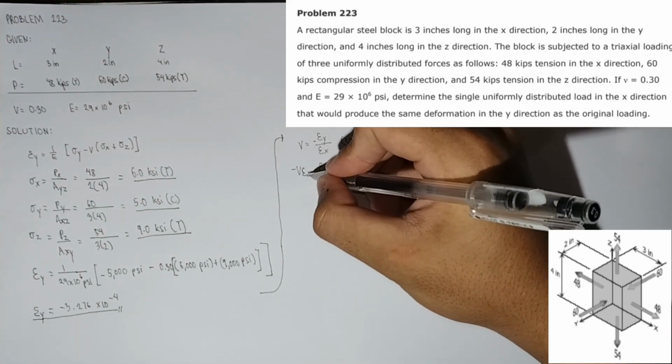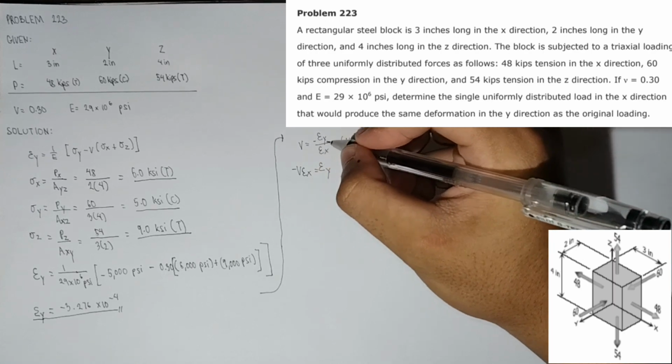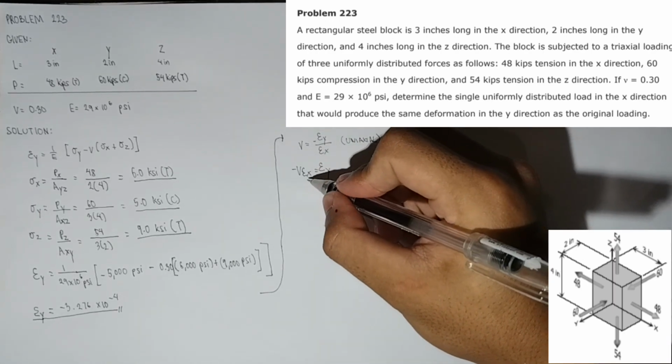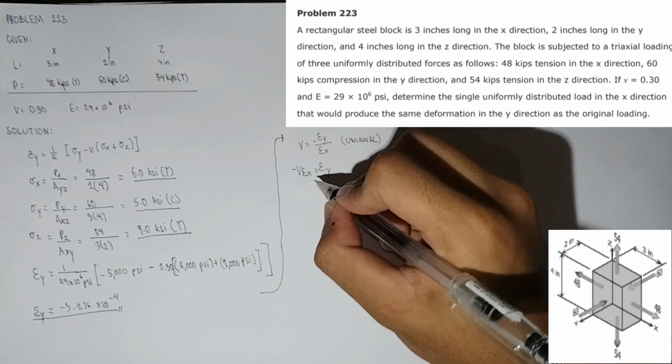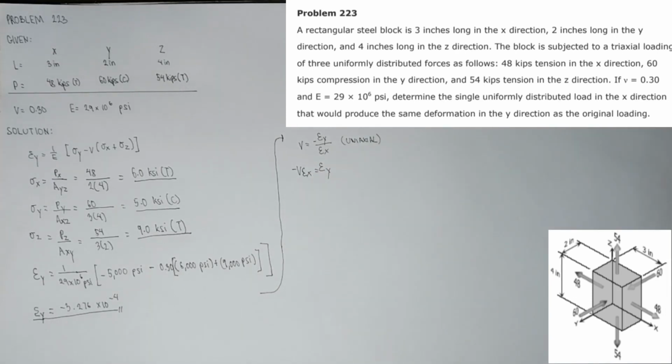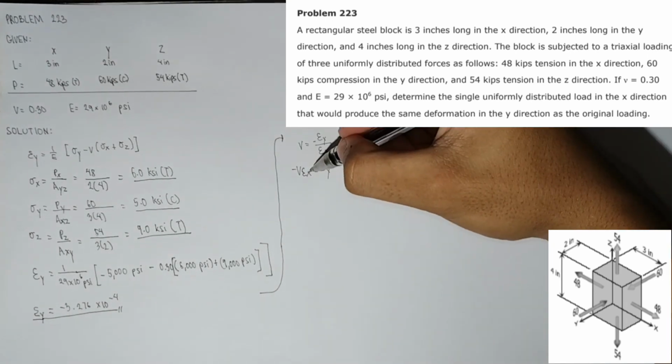Now here, based on Hooke's law, we can replace this EX, since we do not have any given value for it.